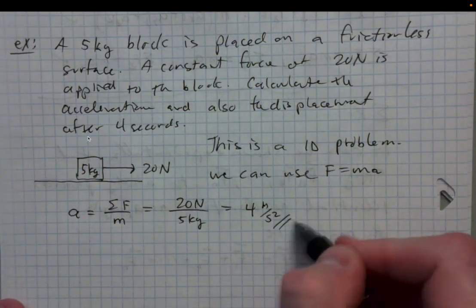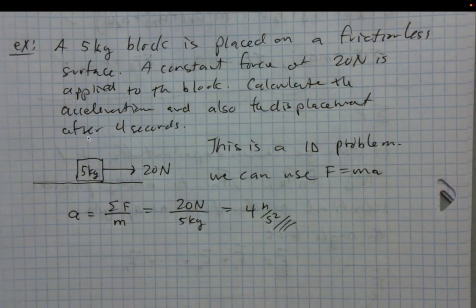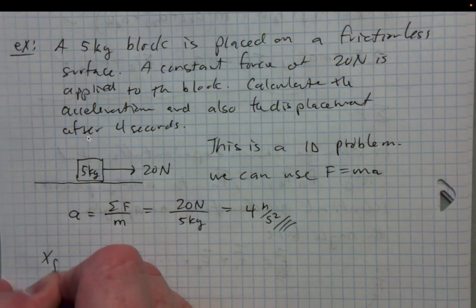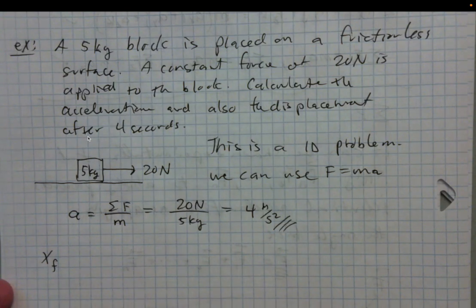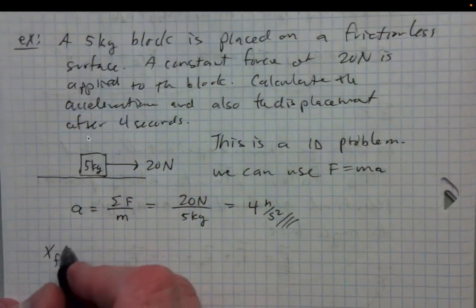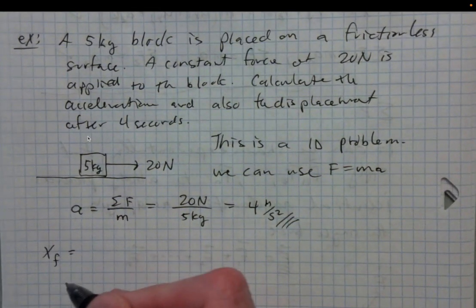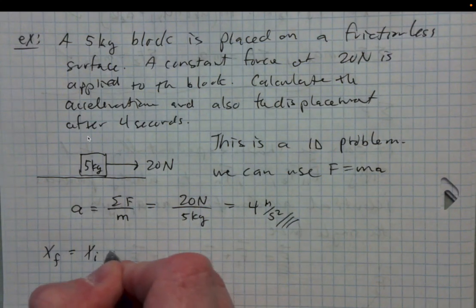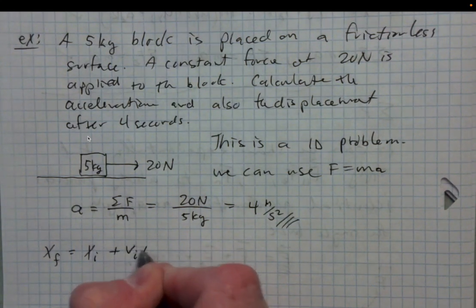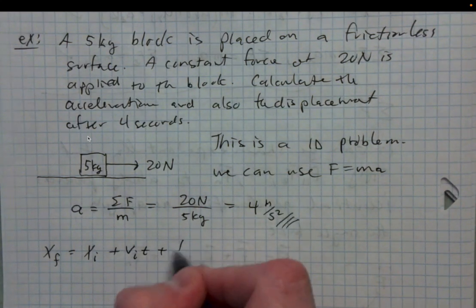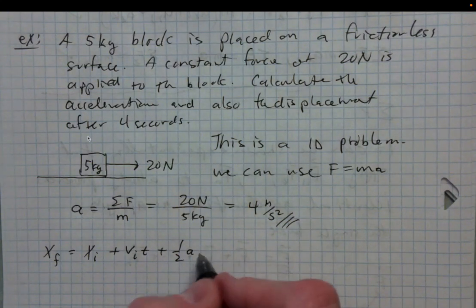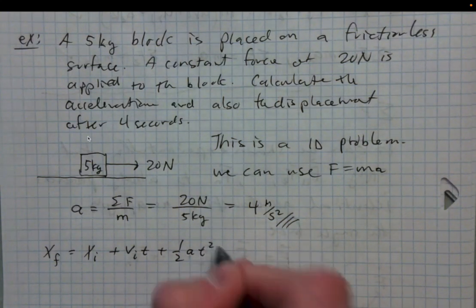Once we know that, we can just use basic kinematics to identify the displacement. The kinematics equation we could use, imagining this thing moving along the x-axis, is that the final position is equal to the initial position plus the initial velocity times the time plus 1/2 times the acceleration times t squared.